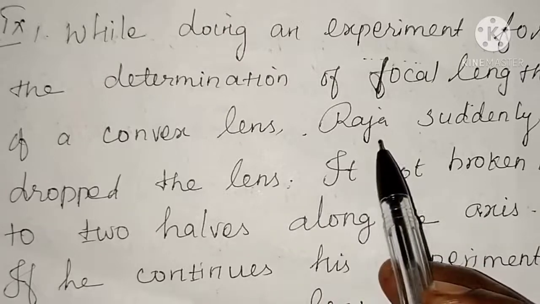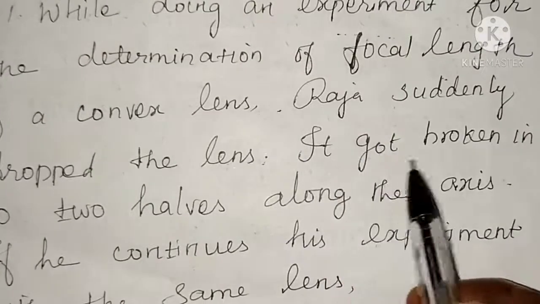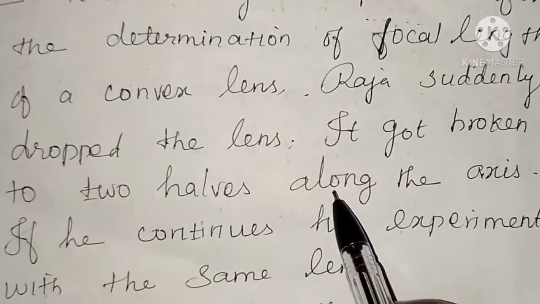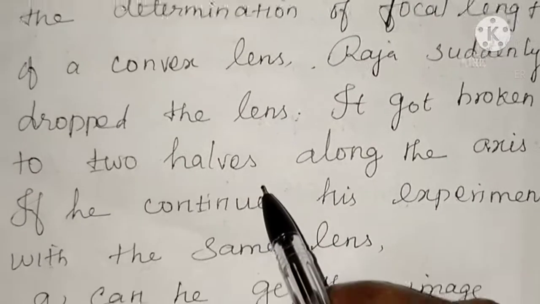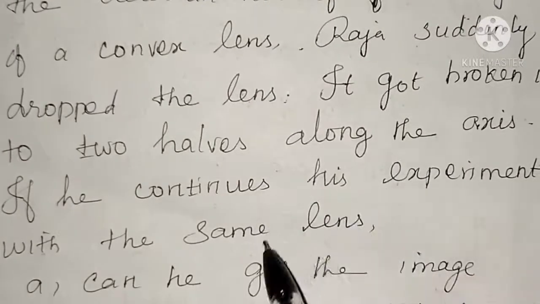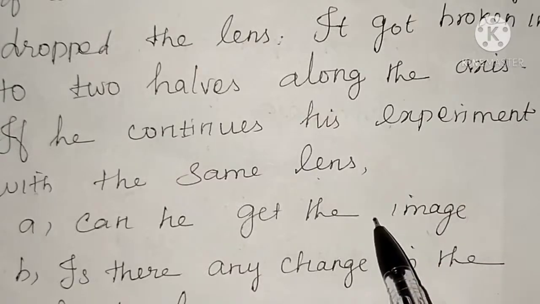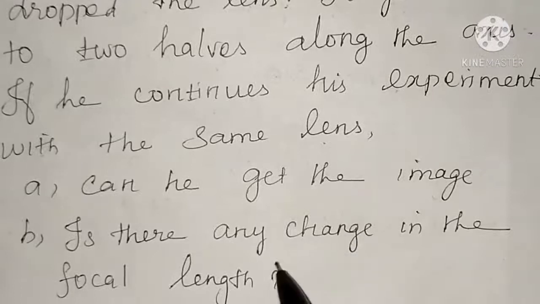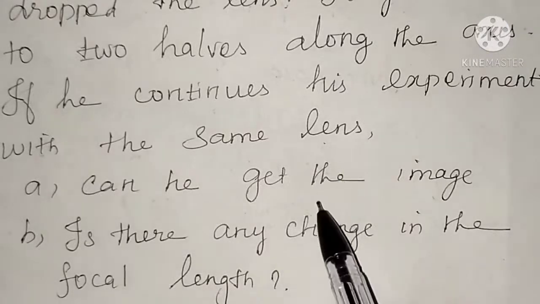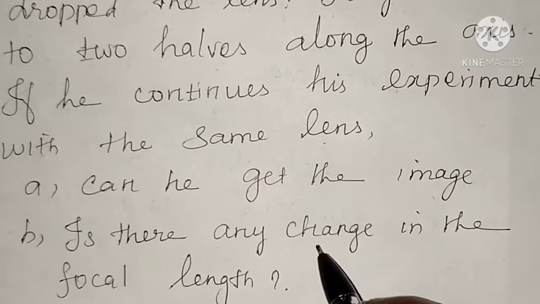The lens got broken into two halves along the axis. The question is, if he continues his experiment with the same lens, whether he will get the image or not. We have to tell the answer. And is there any change in the focal length? Because the lens is broken into two pieces, they asked, is there any change in the focal length?